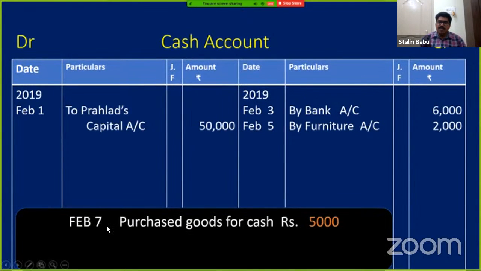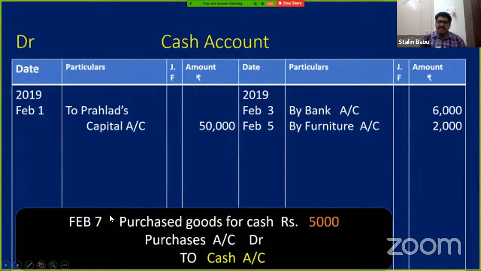On February 7, purchased goods for cash. So what is the journal entry? Purchase account debit to cash account. Here also cash account is credited, so we have to post on the credit side. We have to check whether the cash account is debited or credited. If it is debited, post on the debit side. If it is credited, post on the credit side.